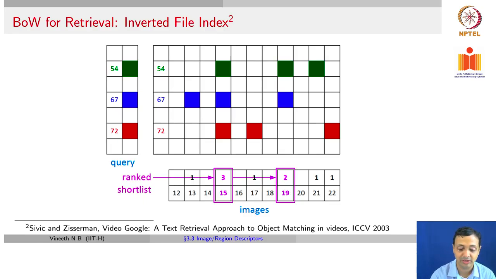So you find that the 15th image has the best match. The second best match is the 19th image with 2 common visual words. And you repeat this process to be able to get your best match from your repository of images. And this would be known as the image retrieval problem.